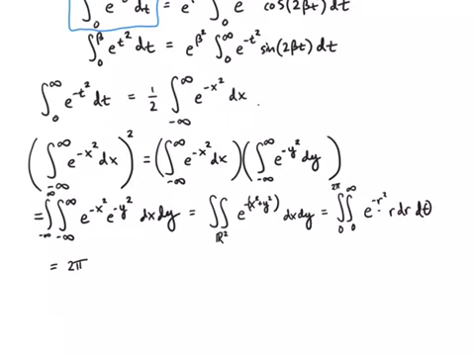So if I insert a minus 2r in here and put a minus 1/2 out here, then I have myself a minus 1 there.